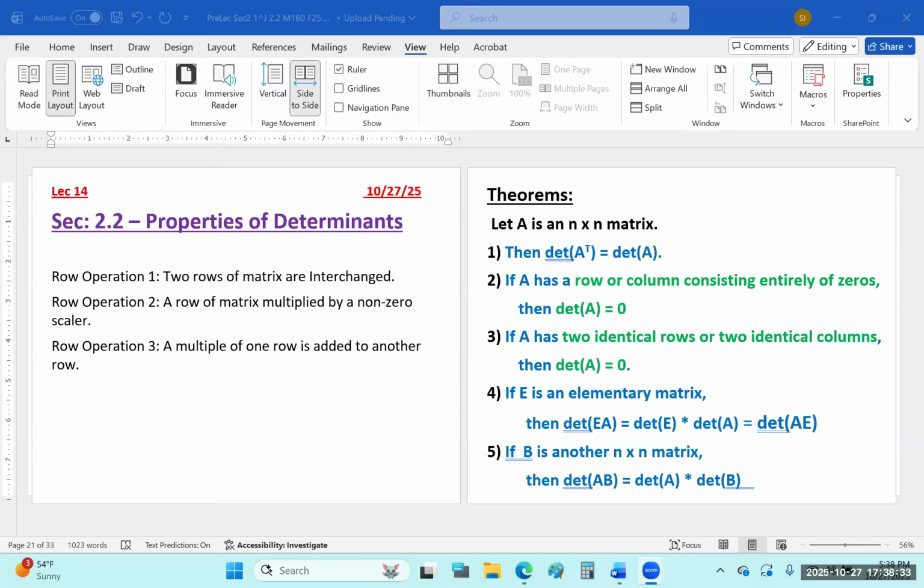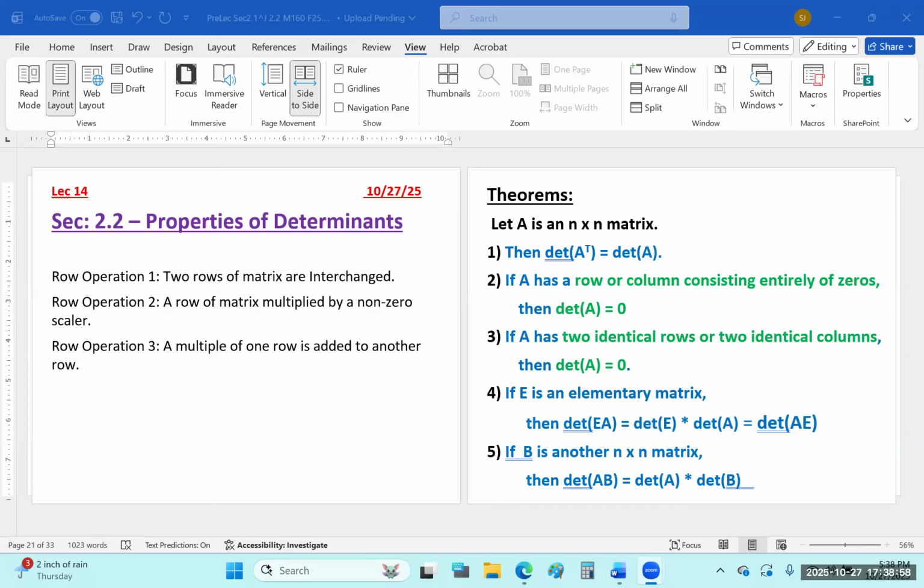The determinant of the product is the product of the determinants. So the determinant of E times A is the determinant of E times the determinant of A, which is the same as the determinant of A times E. So the position of the multiplication doesn't matter. You can do EA or AE.